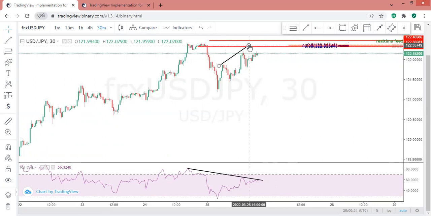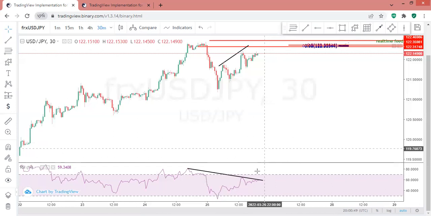So that's a divergence in the market. That means this market, as it is going up, is losing momentum already, and we have a possible place for activation. So there's a high probability that it's going to drop, because RSI is losing momentum already.